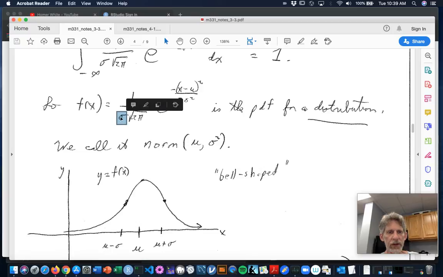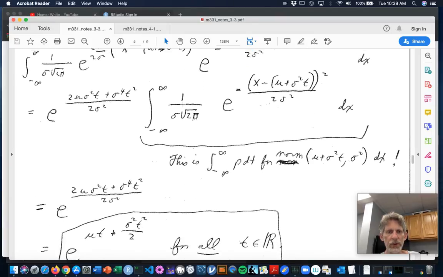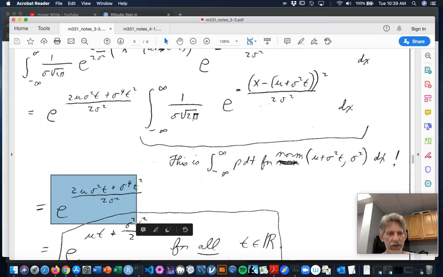It showed up here like a sigma, and it showed up here like a sigma squared. So actually, what you are doing with this integral is integrating the PDF for a normal(mu plus sigma squared t, sigma squared) random variable, and you're integrating it over its support. So you have to get 1. And so you're left with this.